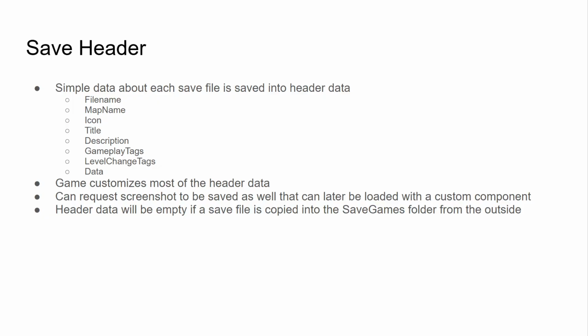There's not really an easy solution for this, because to fix it you would need to load each save file by hand and update the header data, and that would ruin the whole point of the header file, since you would just load the save file anyway and use a lot of CPU.